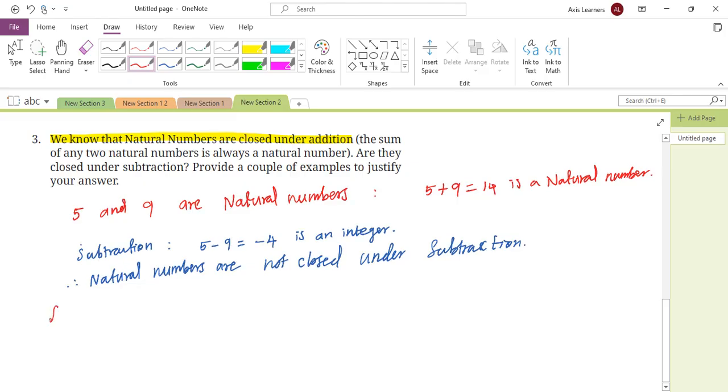Provide a couple of examples to justify your answer. Let me give some examples. Already we have taken one, but I will take two more. Example 1: 5 minus 5. 5 minus 5 is 0, which is a whole number.